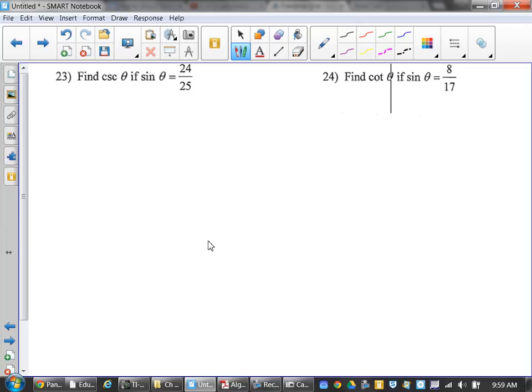They're telling you that the sine of some angle is the ratio 24 over 25. Sine, draw your triangle. Pick a theta. Ladies and gentlemen, come on. When you pick a theta, the sine value is what over what?